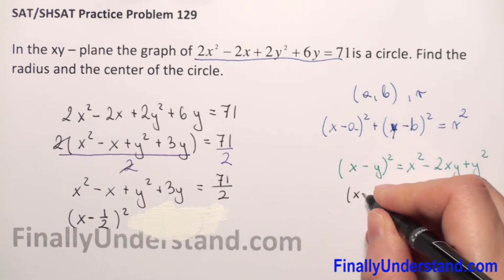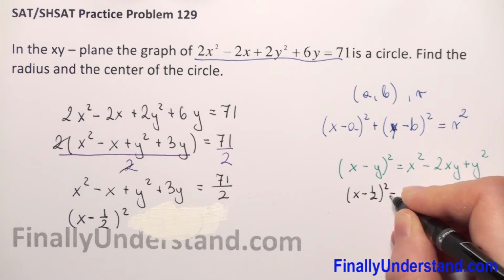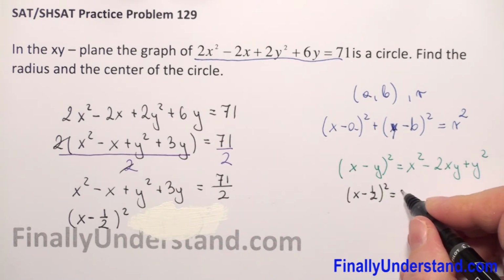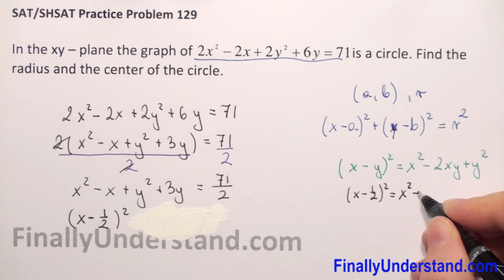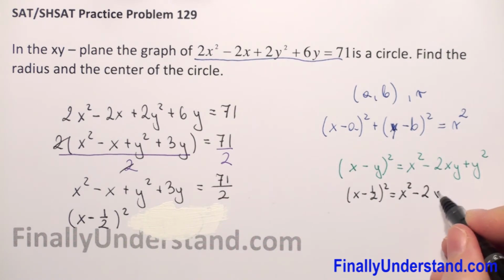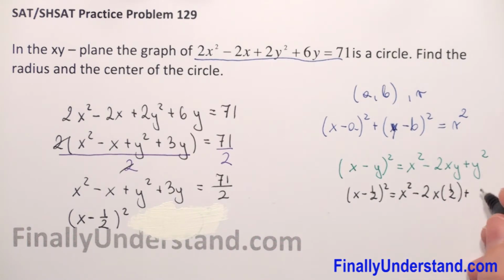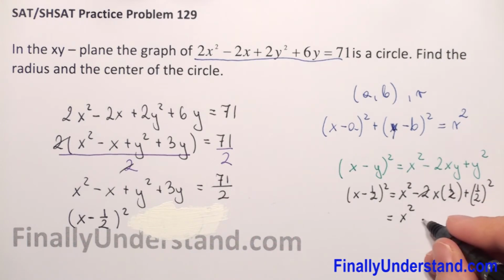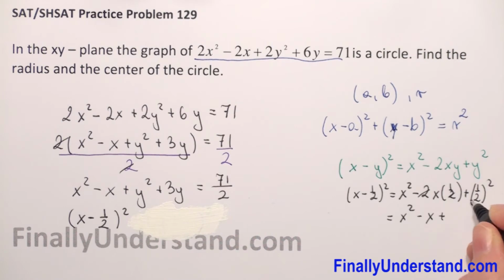We have (x minus 1/2) to the second power. This is x squared minus 2 times x times 1/2, plus 1/2 to the second power. I just use this formula. So this is equal to x squared, the 2 and 2 reduce, we have minus x, and plus 1 over 2 to the second power, so it's 1 over 4.